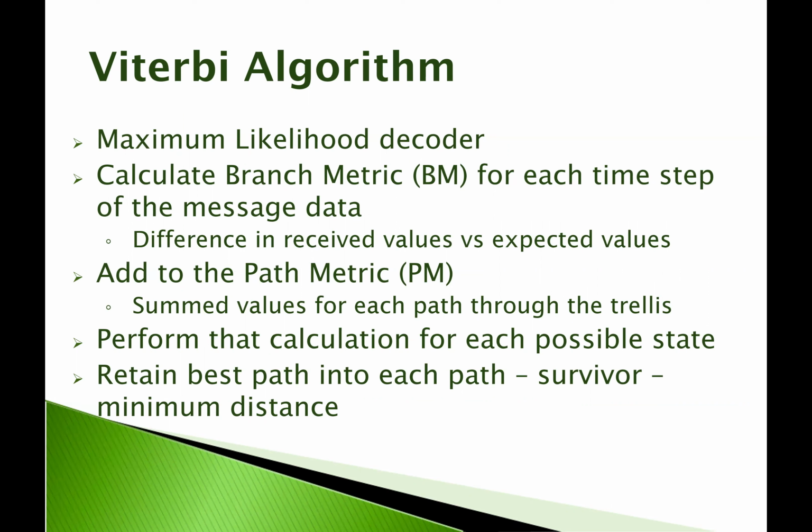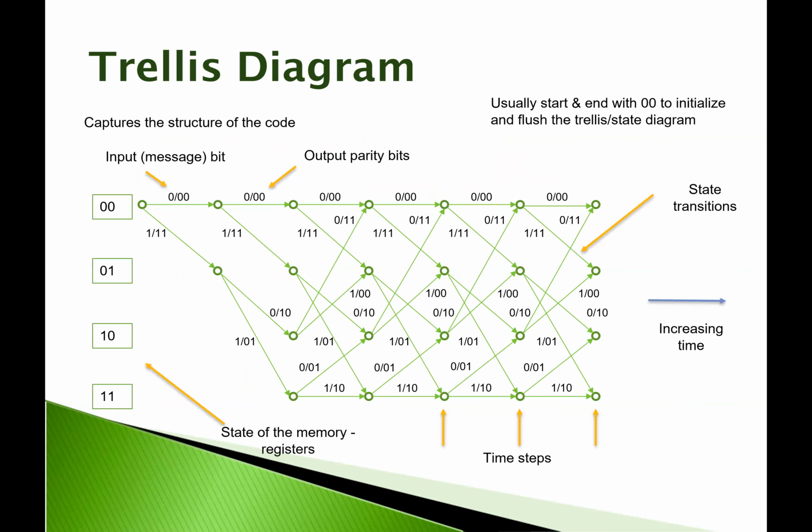So what we're going to do is calculate a branch metric for each time step of the data. This is basically a difference between the received values and the expected values. Then we add that to the path metric, which are summed values for each possible path through the trellis. So let's go back and look at our trellis here.